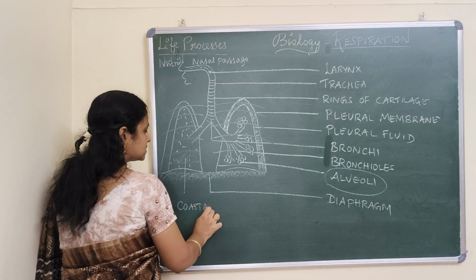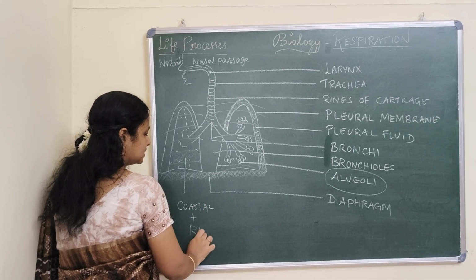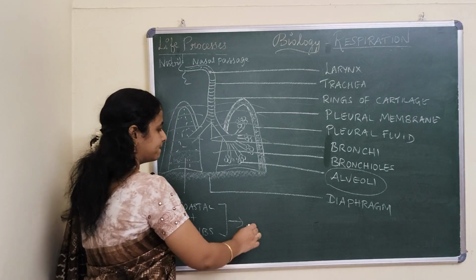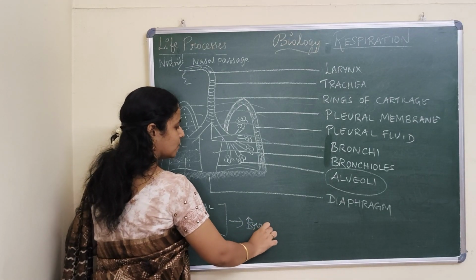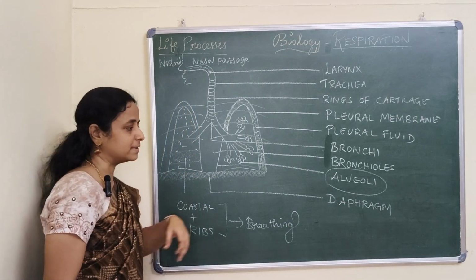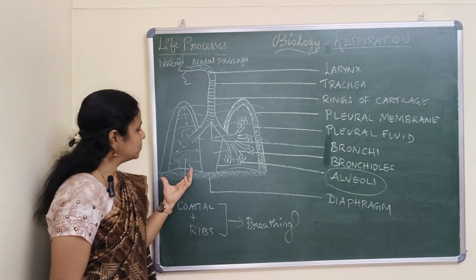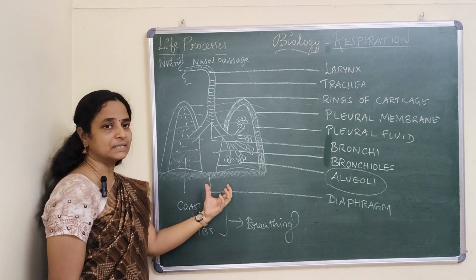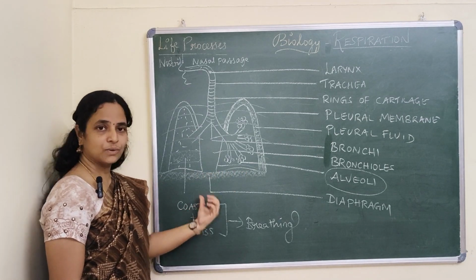These costal muscles along with the ribs help in the process of breathing. I will tell you how this breathing takes place. The diaphragm, which is like a sheet, will pull the lung down along with the ribs and the costal muscles.